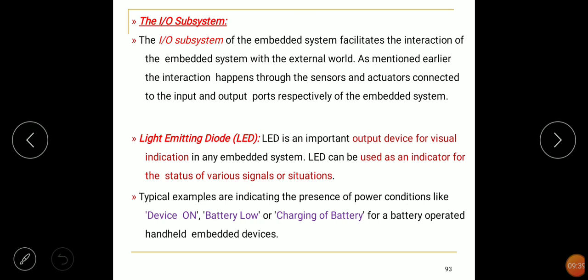Typical examples are indicating the presence of a power condition like device on, battery low, charging of battery for a battery operated handheld embedded system. So if you take any kind of electronic or embedded system, it consists of an LED for indication purpose.